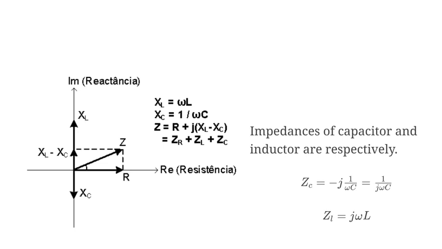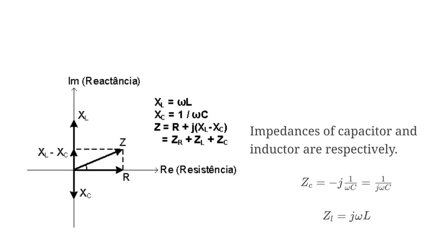The inductance moves forward, while the capacitor is lagging behind by 90 degrees and this is forward by 90. If we know XL and XC, XL is omega L, XC is 1 upon omega C, then we can calculate the total.